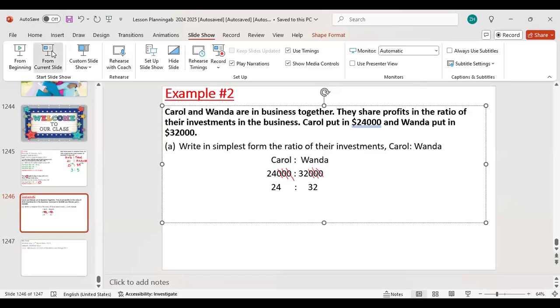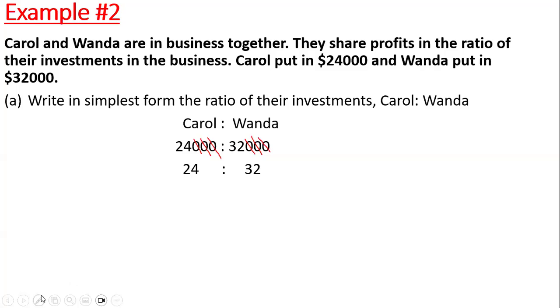All right, good. And so we have to do what? We have to divide both sides by 8. 24 divided by 8 is 3. 32 divided by 8 is 4.